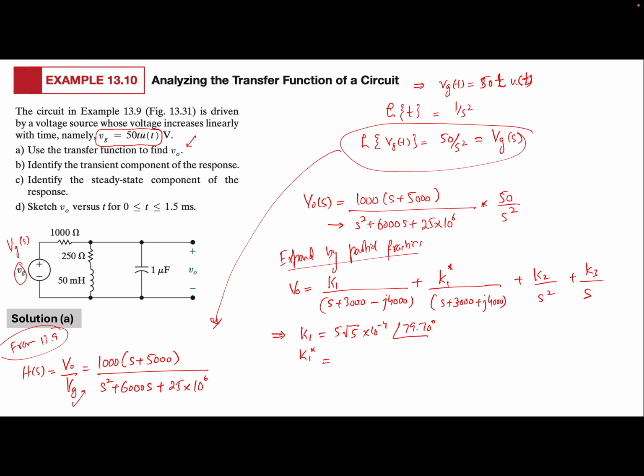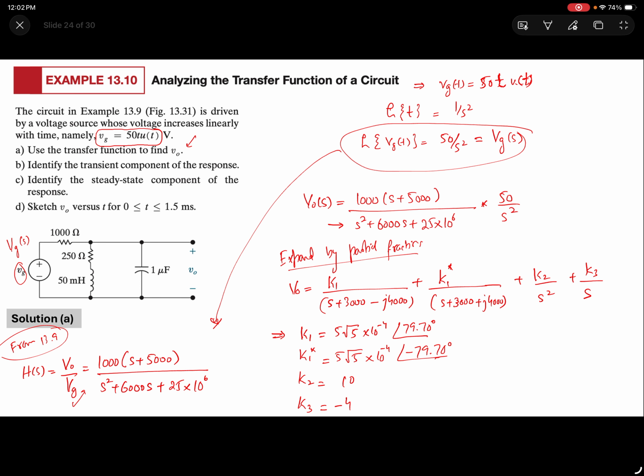K1 prime is just the complex conjugate, so your angle becomes negative. Your K2 value equals 10 and K3 value equals minus 4 times 10 to the minus 4.